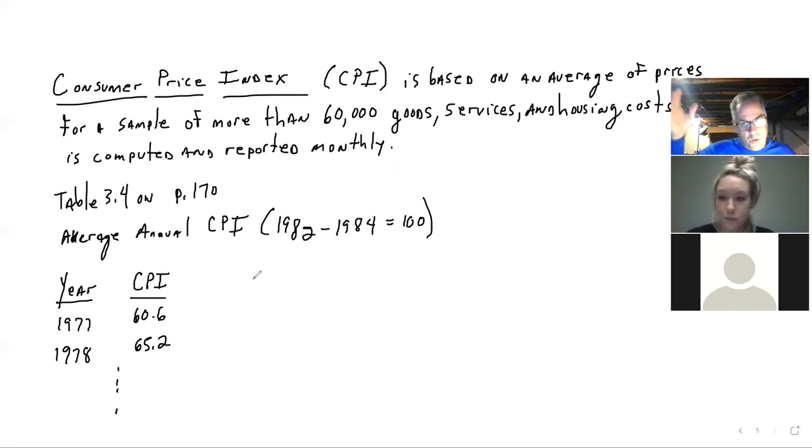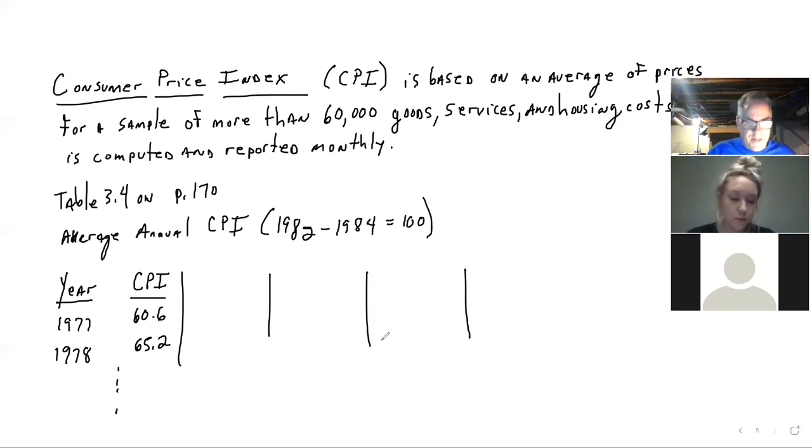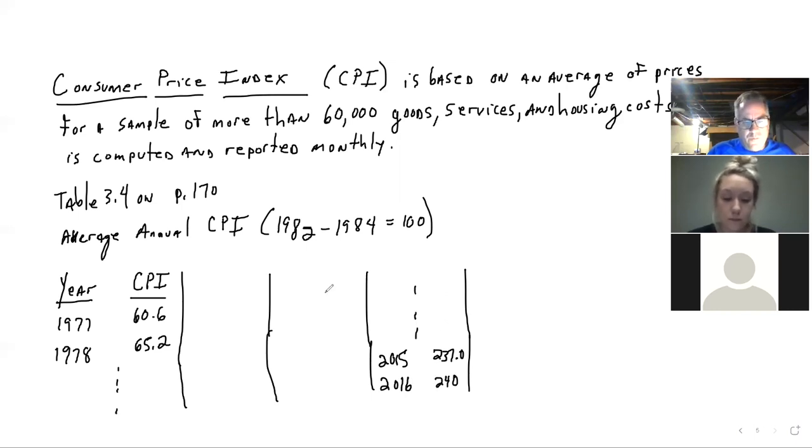It actually has 4 columns of this, and then finally the table ends: the 2015 index number was 237, and 2016, the CPI was 240. So it's going from 1977 clear through 2016.